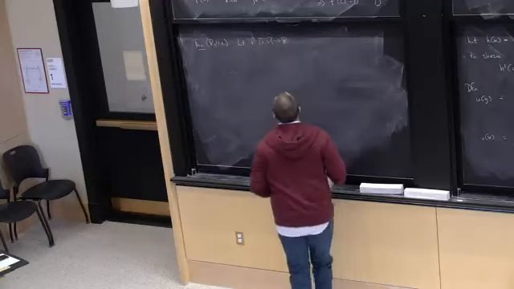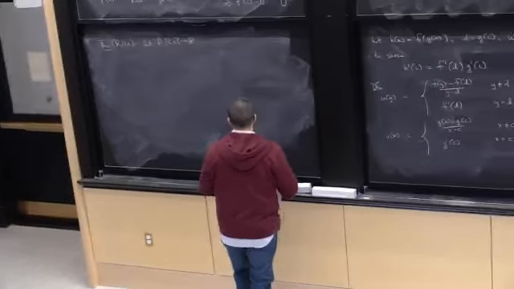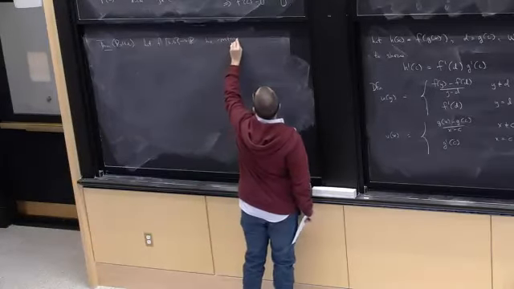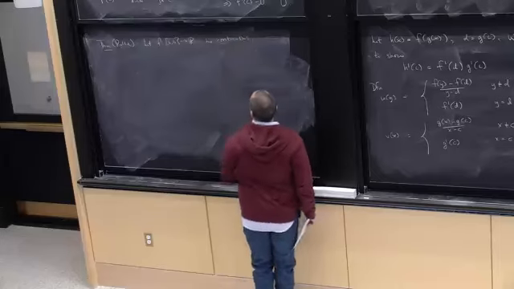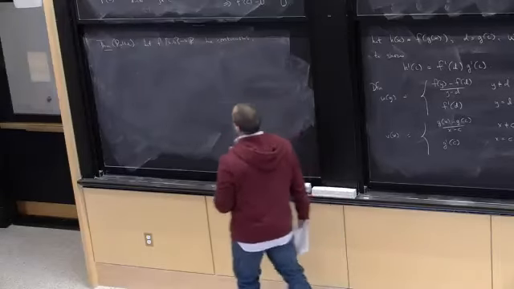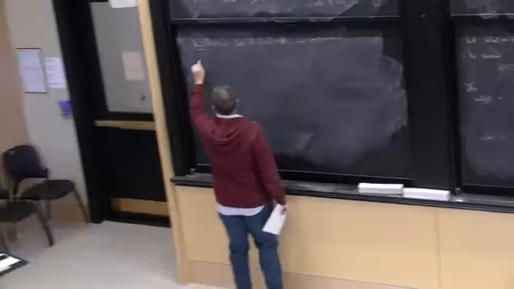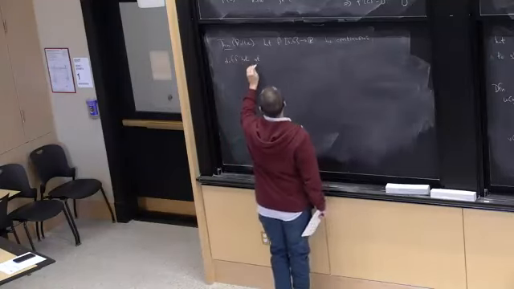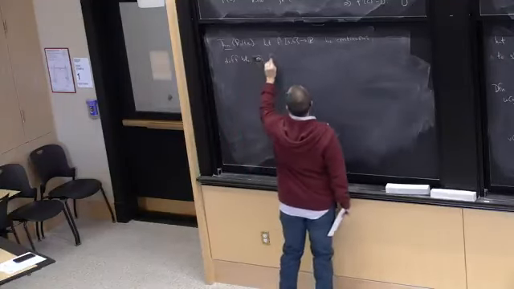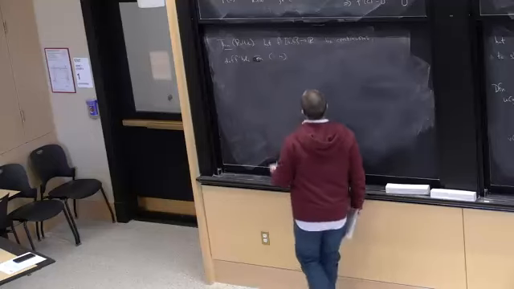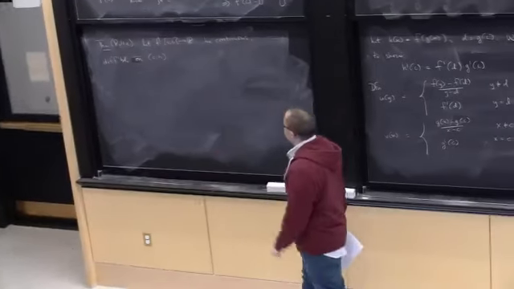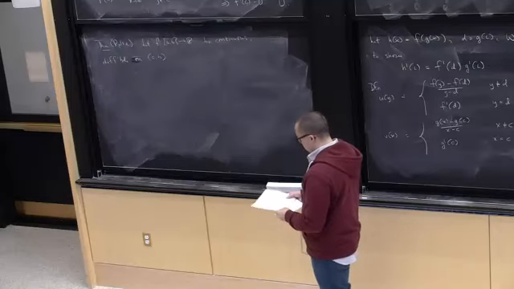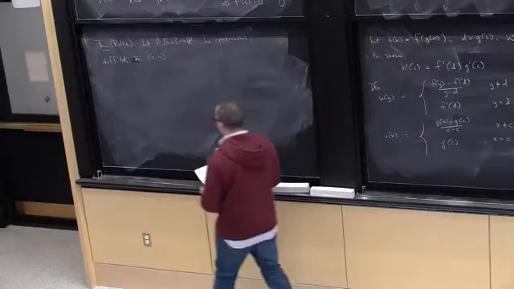Let f be from [a, b] to R be continuous, so it's continuous at every point in [a, b], and differentiable at every point inside of (a, b). Okay? It could be differentiable at the endpoints, so that's fine, but it has to be differentiable on the open interval (a, b).